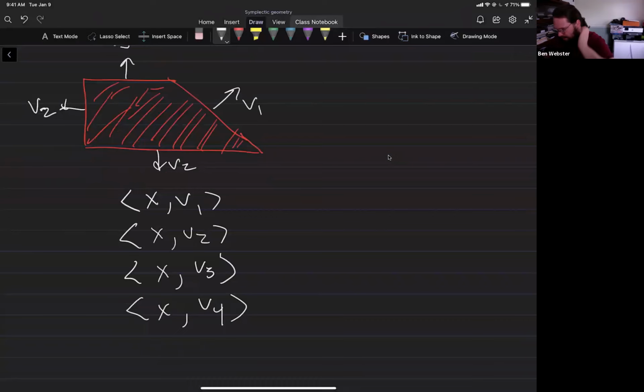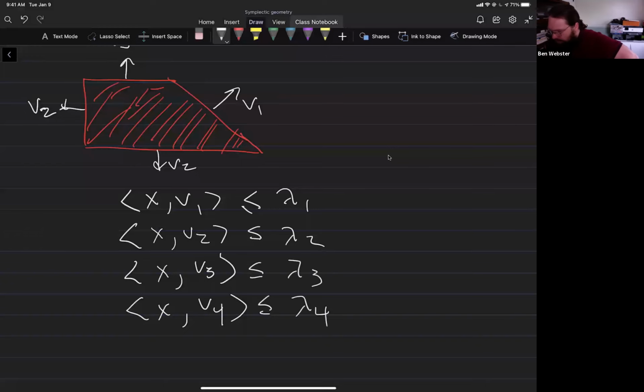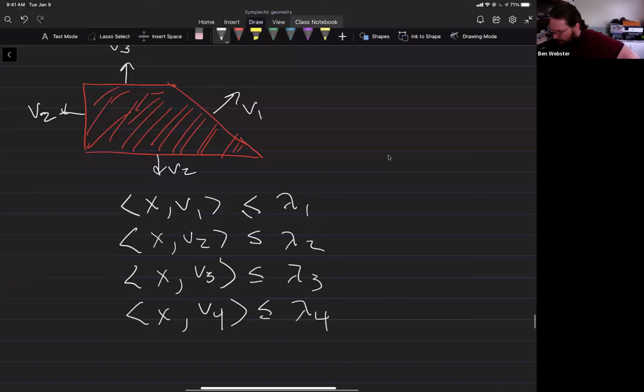Right, and these have to be smaller than or equal to -1, -2, -3. All right.